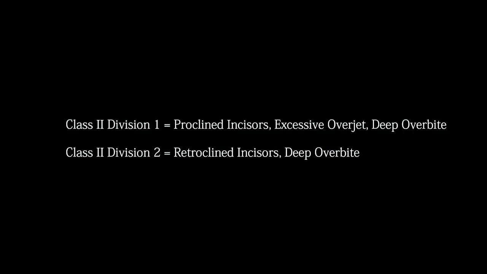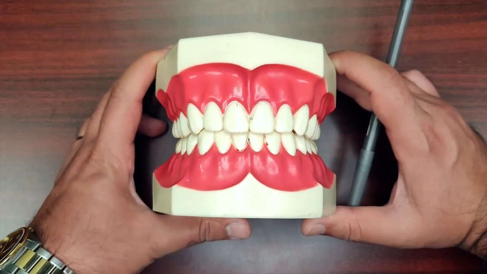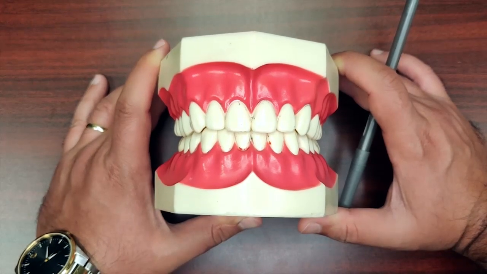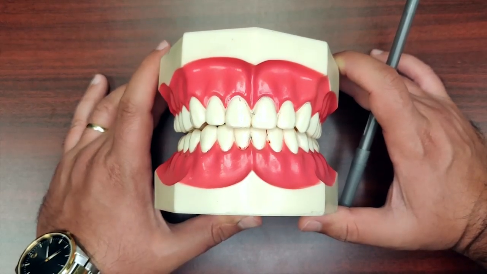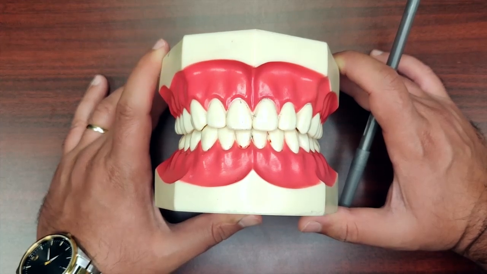So how in a class 2 division 1 there is a large overjet, in a class 2 division 2, there is a deep overbite. Other things we can use to compare a class 2 division 1 and a class 2 division 2 is that in a class 2 division 1, we will have a shorter upper lip and there will be a failure in anterior lip closure.